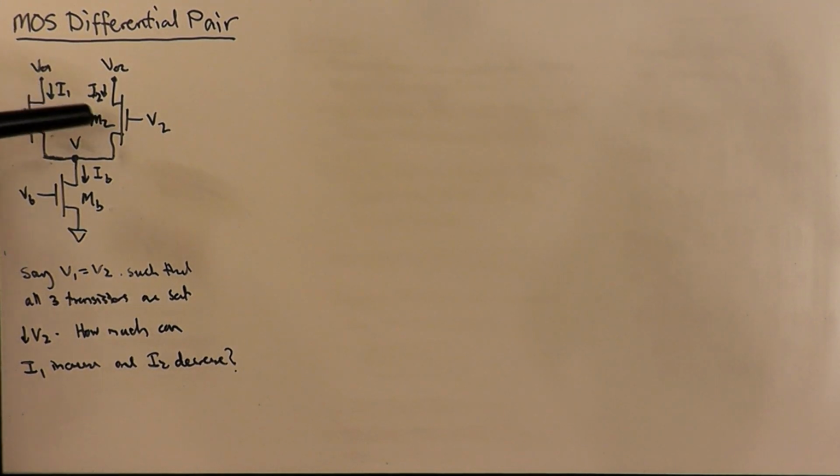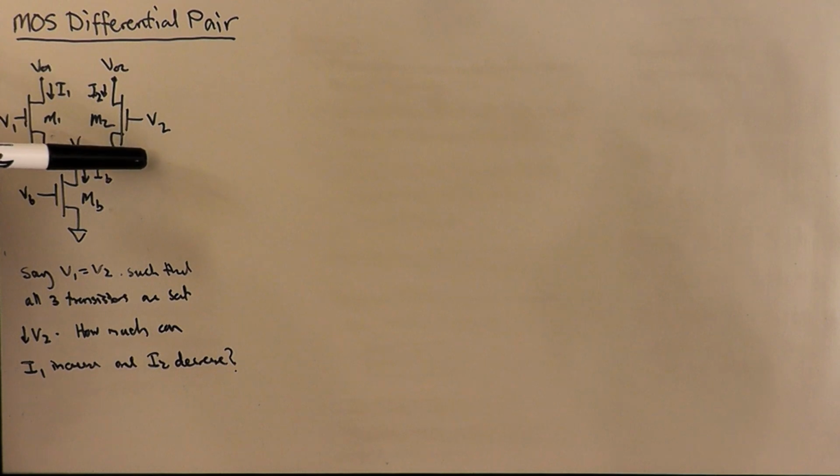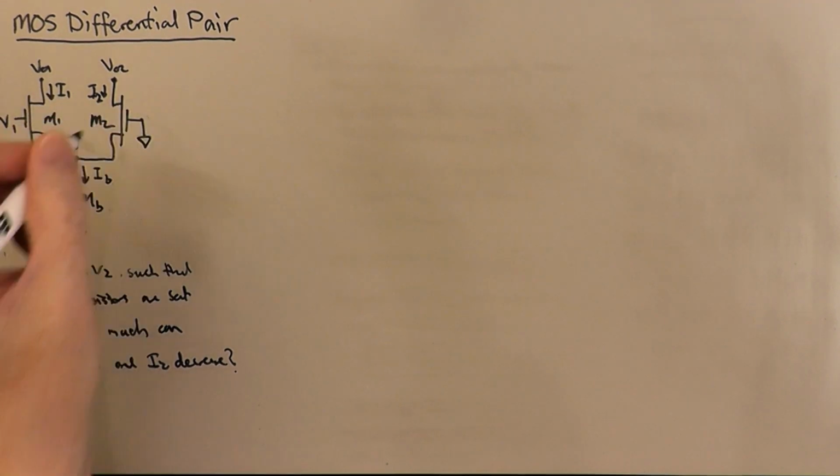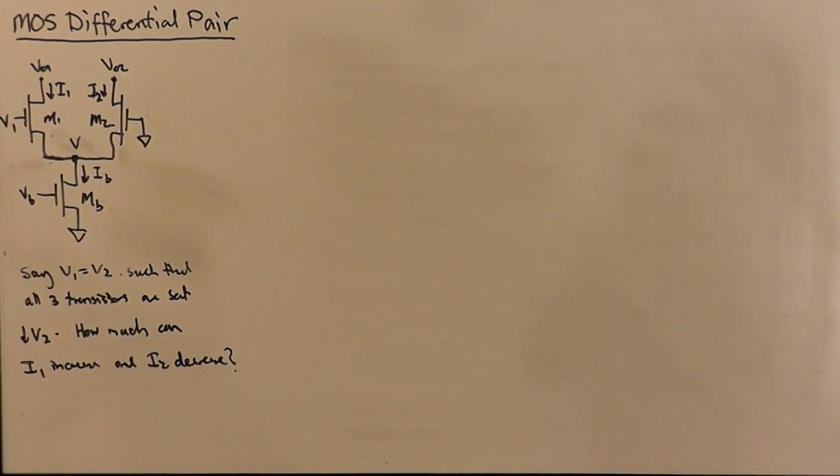Well, I can keep pushing I2 down by making V2 go down further and further. Let's suppose that I make V2 equal to ground. I've decreased it so much that I've gotten all the way down to the ground rail. What do you think I2 is going to be?